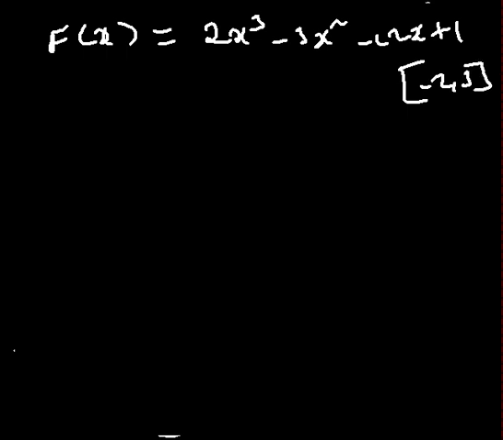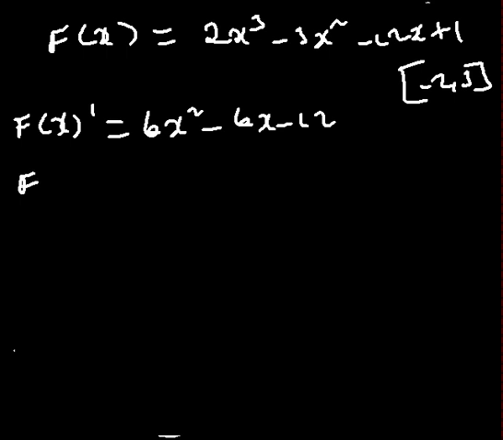So how do you think we should find the absolute maximum as well as the absolute minimum? The principle remains the same. We should have the first derivative, which is 6x squared minus 6x minus 12. Then we equate this to 0.